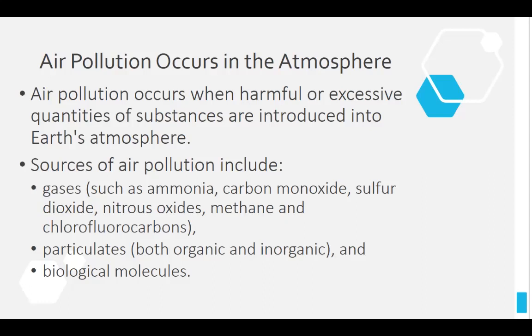Nature actually produces some atmospheric pollution as well, with volcanic eruptions, for example. If you have major dust storms, you can end up having air pollution in that form. So there are things, especially debris and a certain amount of gases, that can be caused naturally. We're going to focus primarily on human-caused air pollution, but it's important to recognize that there are naturally occurring ones as well. So what sort of things are we talking about?